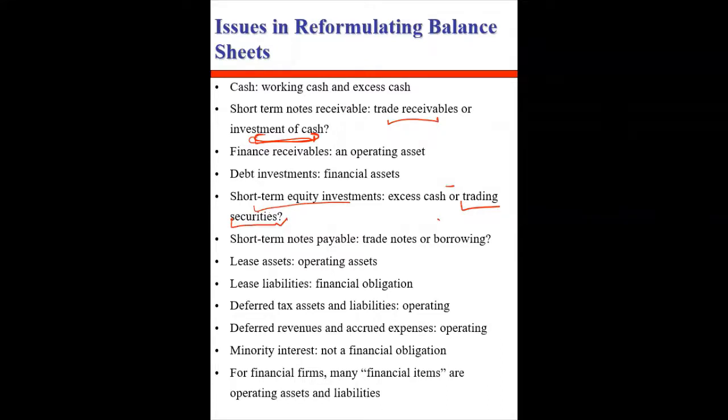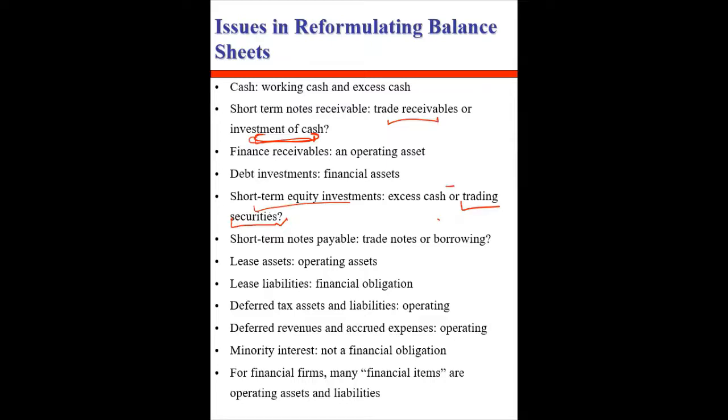Okay, and lease liabilities are always financial obligations. Then deferred tax assets and deferred tax liabilities arise because of differences between the book value in the financial statements and the carrying value in the tax statements.